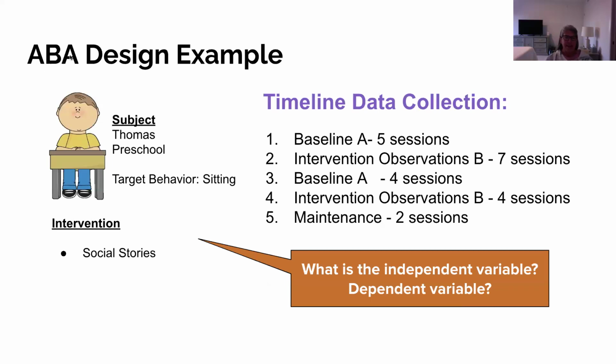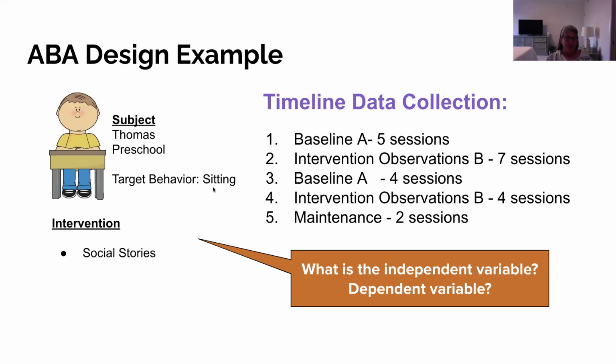This is called an ABA design because they're going to do a baseline of 5 sessions and then an intervention of 7 sessions and then go back to baseline for 4 sessions without the intervention to see if it'll keep up. Then they're going to do B, another 4 sessions, and then maintenance of 2 sessions where they're not going to do the intervention.